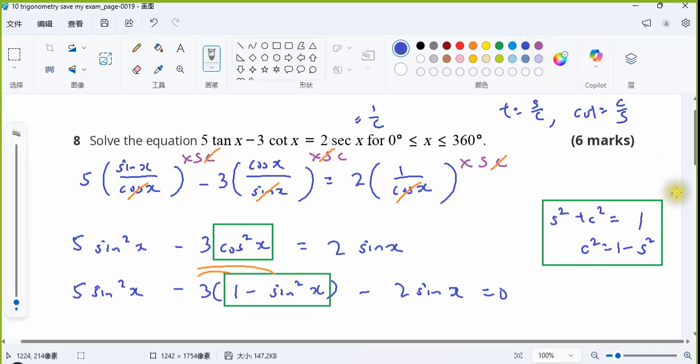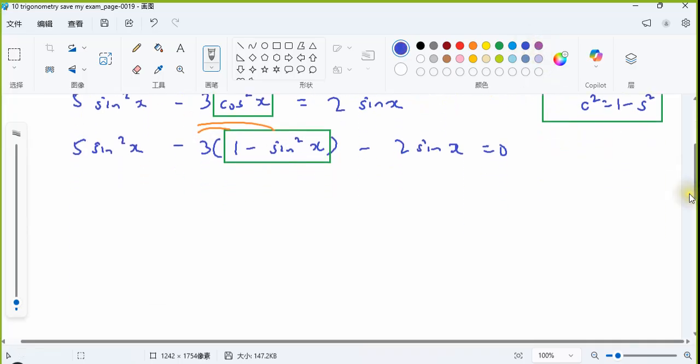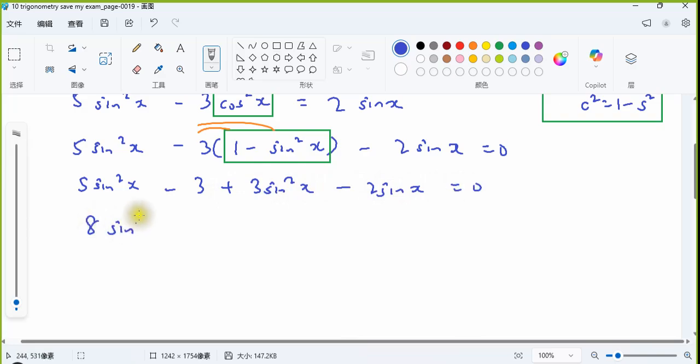Then we will have 5 sine square x minus 3 plus 3 sine square x minus 2 sine x equal to 0. 8 sine square x minus 2 sine x minus 3 equal to 0.